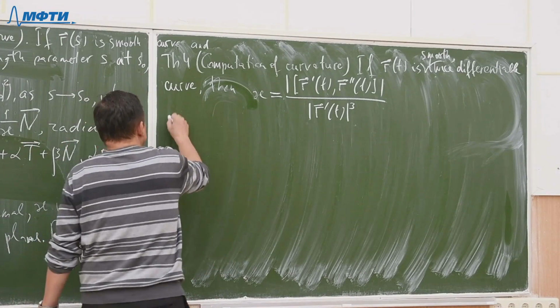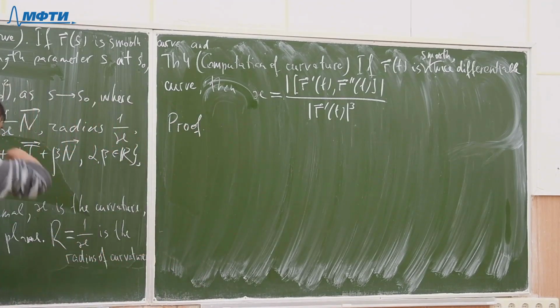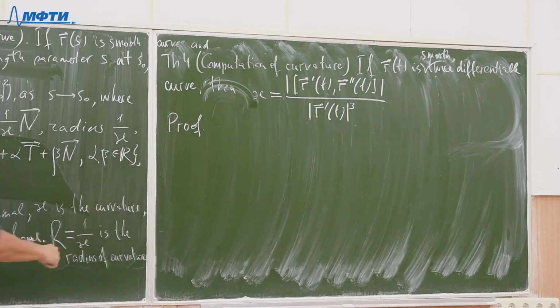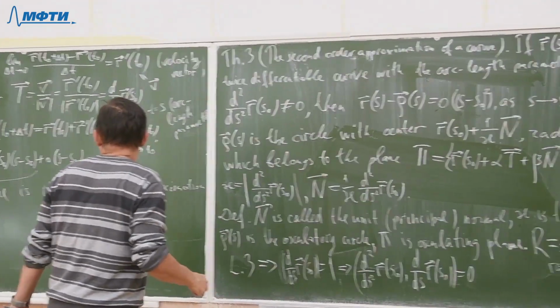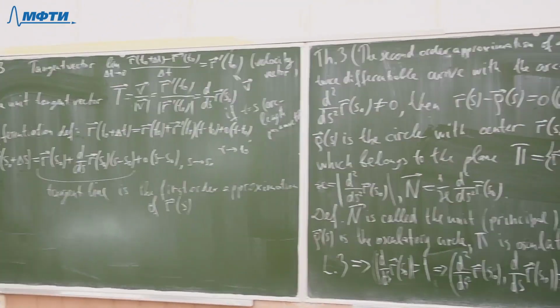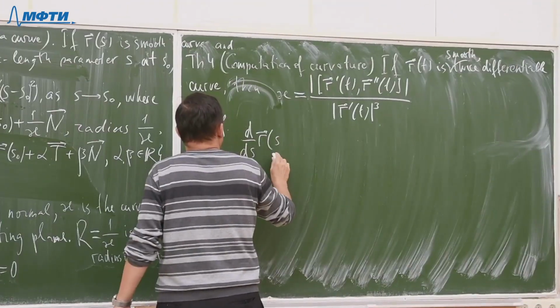Proof. So what is kappa? By definition, kappa is that one. And let me first recall how we computed d over ds of r of s.